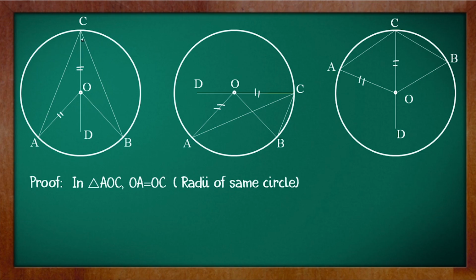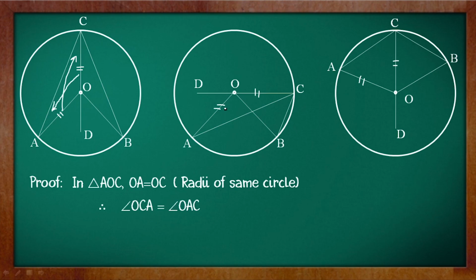Now this was the triangle that we are considering, triangle AOC, and the two sides are equal. That means it is an isosceles triangle. That means angles opposite to the equal sides are equal. So this angle opposite to OA will be equal to this angle opposite to OC. That means angle OCA will be equal to angle OAC.